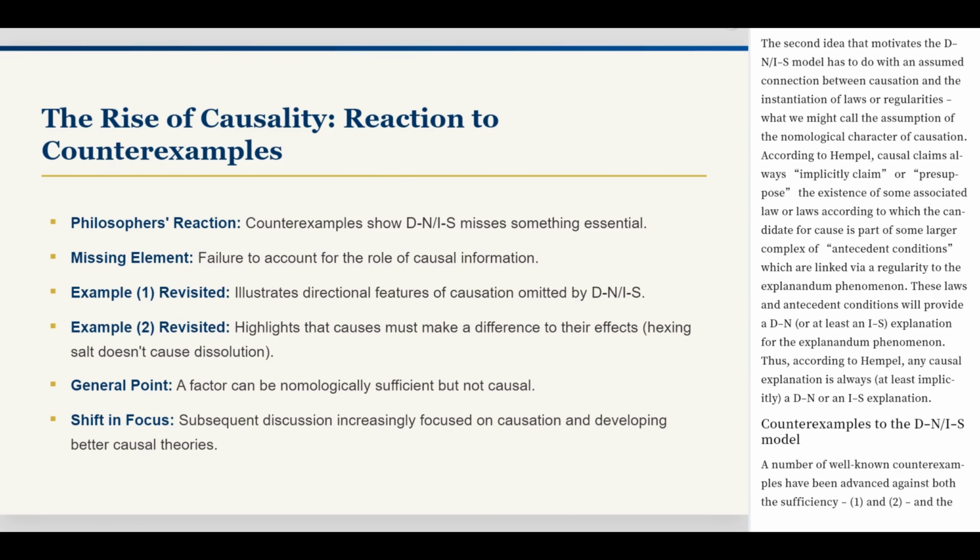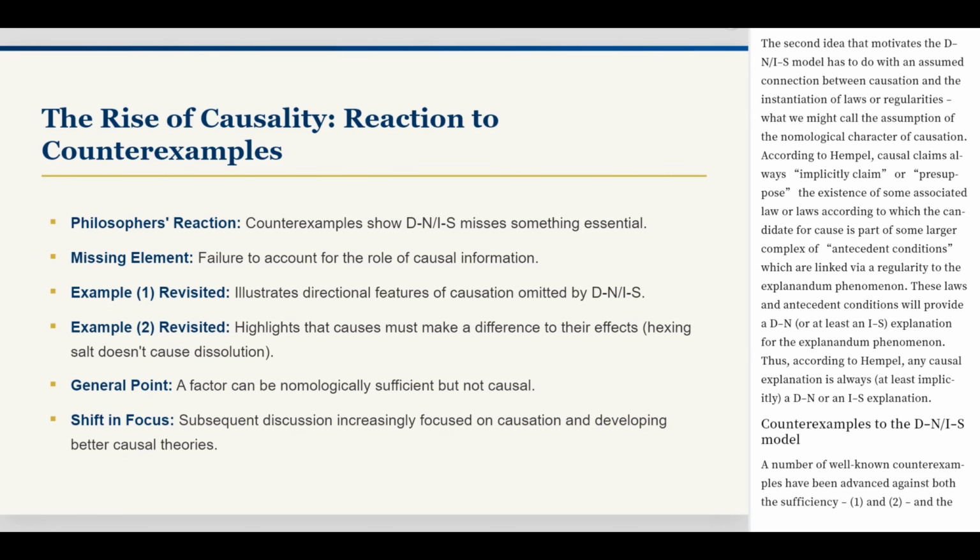The hexed salt problem highlights that a cause needs to make a difference to its effect. Hexing salt doesn't make it dissolve; whether it's hexed or not, it dissolves based on its chemical nature. So, hexing isn't a real cause of dissolving, even if it's part of a logically sufficient condition. The broader lesson seemed to be that just meeting the requirements of a logical deduction involving laws isn't enough. Something about the causal connection itself must be doing the explanatory work.